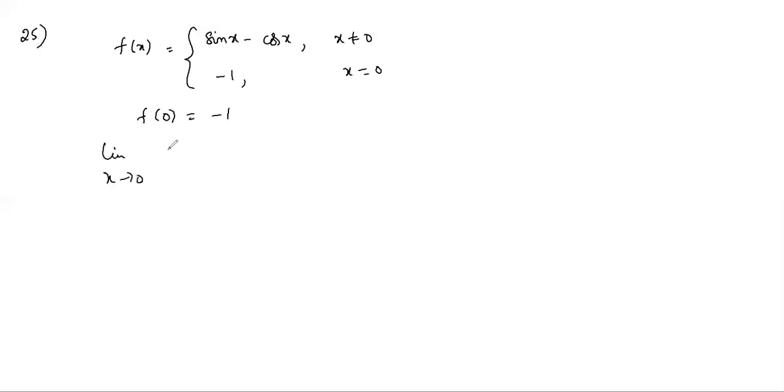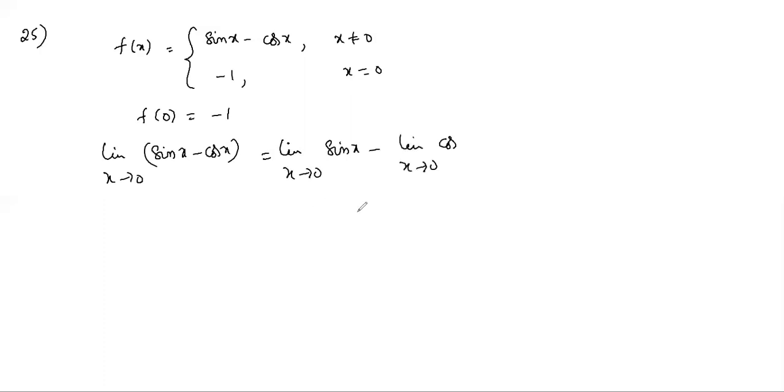Examine the continuity of the function f equals sin x minus cos x for x not equal to 0 and minus 1 for x equals 0. We have to check the continuity at the indicated point. The value of f of 0 is minus 1, and the limit as x tends to 0 of sin x minus cos x equals the limit of sin x minus the limit of cos x.